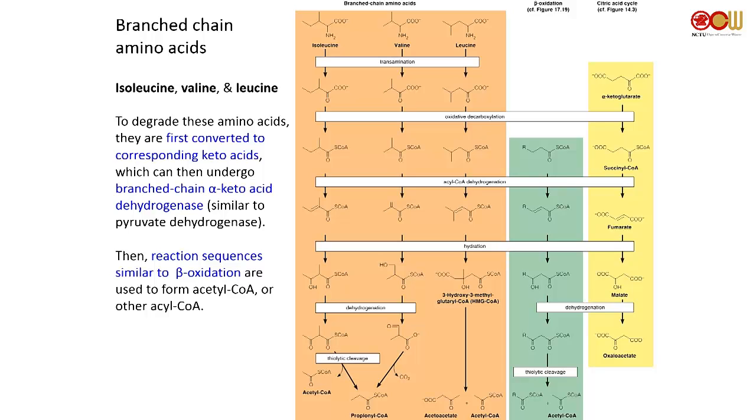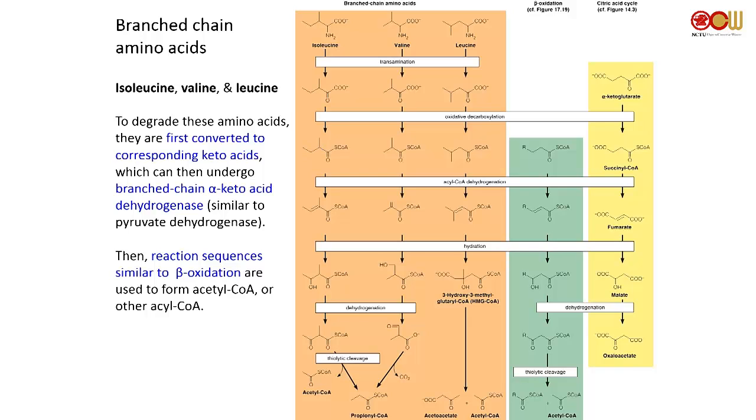If you look on top, transamination, and then you do an oxidative decarboxylation. So you kick out the CO2, you generate coenzyme A. After you generate CoA, then we're going to use beta oxidation. For example, if you look at this guy, this is the alpha carbon, that's the beta carbon.